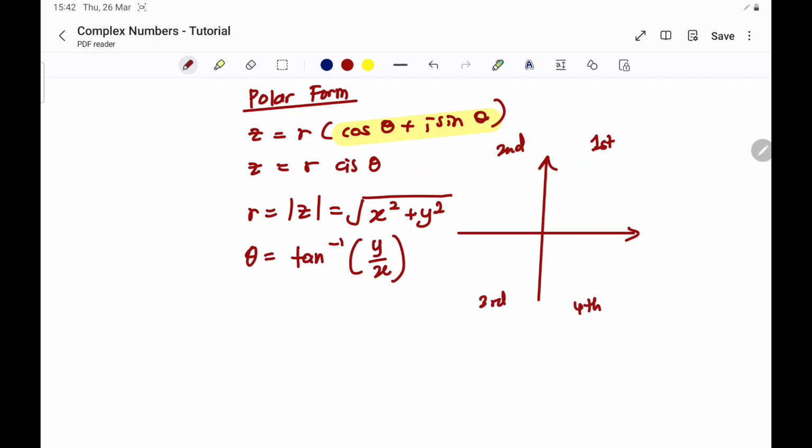For the first quadrant and second quadrant, the angle is positive, the argument of z is positive. But if your z is located at the third and fourth quadrant, your angle will be negative. So it depends on your x and y. We will go through this together.